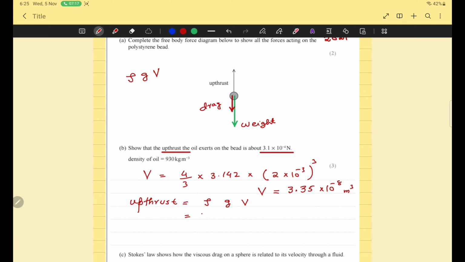The density of oil is 930, gravity is 9.8, and the volume of the bead we have already calculated, it is 3.35 exponent minus 8. If you solve this, upthrust will be 3.1 exponent minus 4.